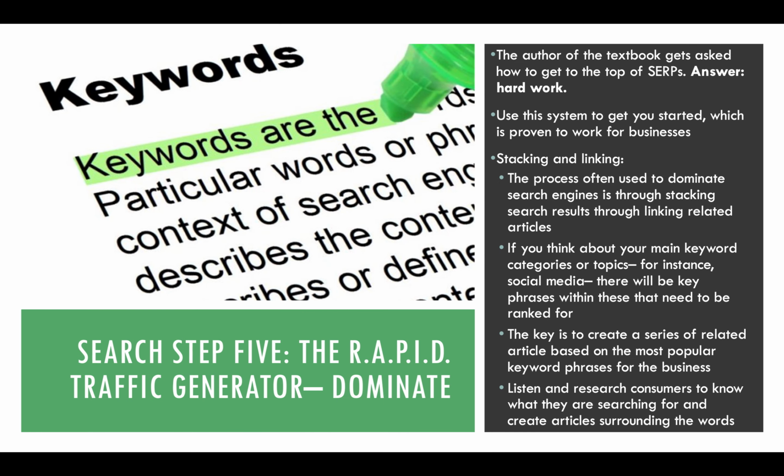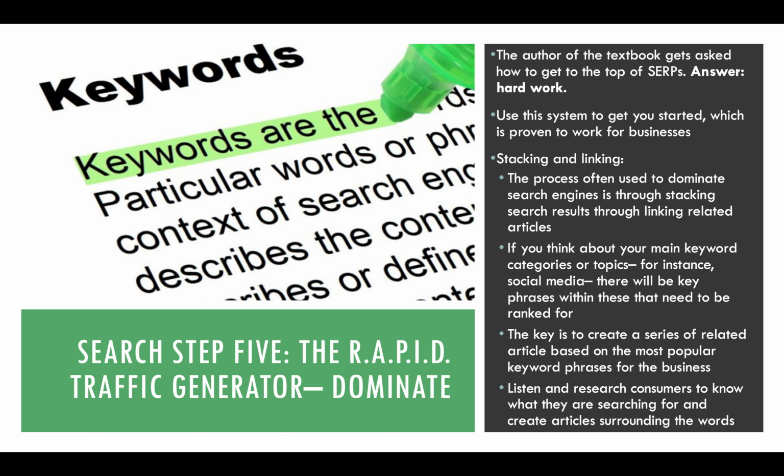The last step is dominate. The author says that to be at the top of search engine results pages, you just have to have hard work. So use this system to get you started, which is proven to work for businesses. You need to do stacking and linking. This is a process often used to dominate search engine results with related articles.